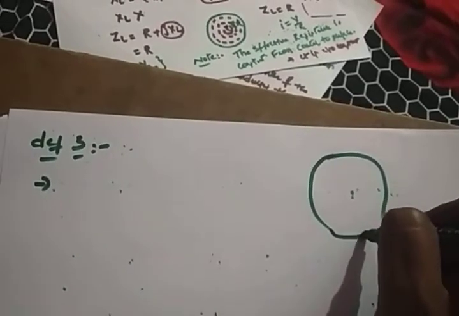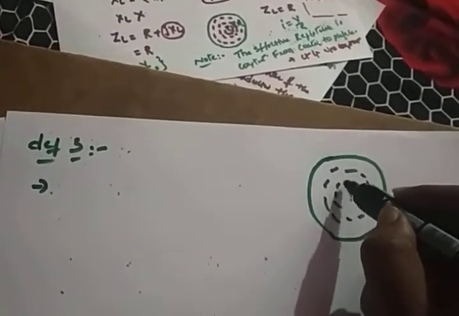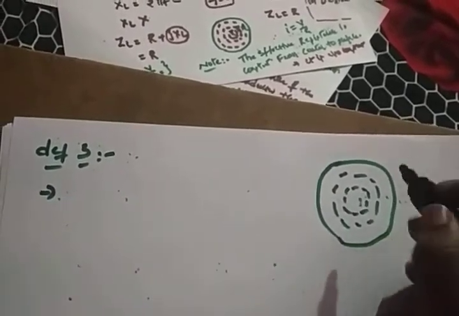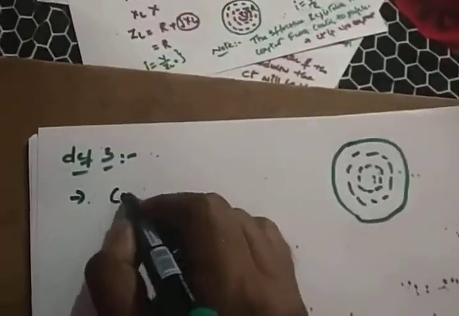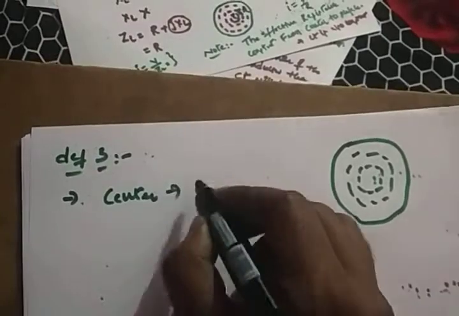So that means at the center, what about the resistance value? At the center you are having a minimum current.